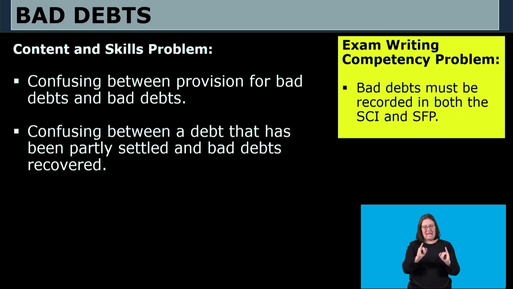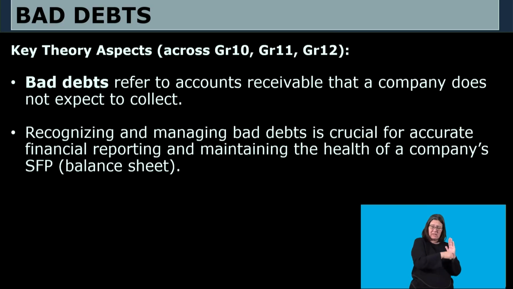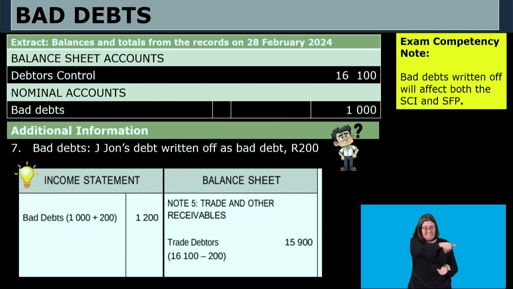And then I'll look at my bad debts. The biggest challenge is confusing between the provision for bad debts and bad debts, all right? And then remember that your bad debts must be recorded in both the statement of comprehensive income and the statement of financial position. Okay, so bad debts refer to accounts receivable that a company does not expect to collect at all.